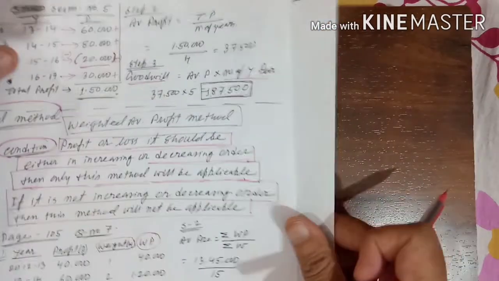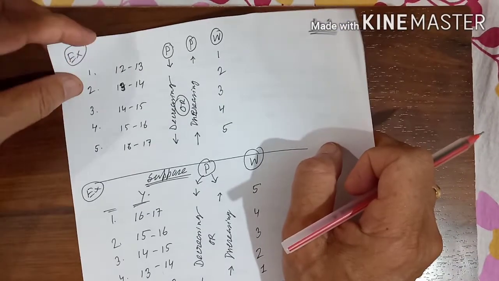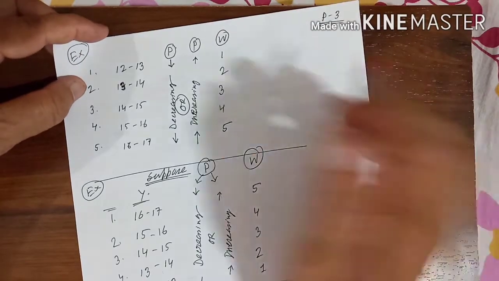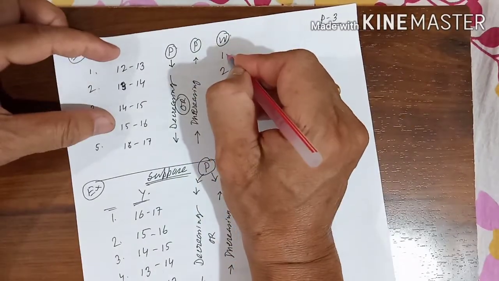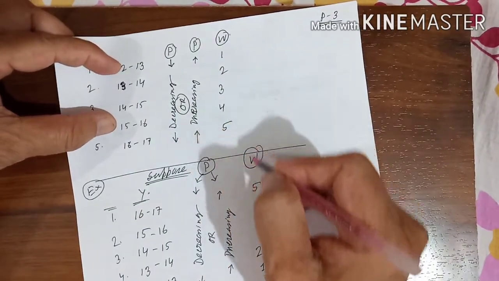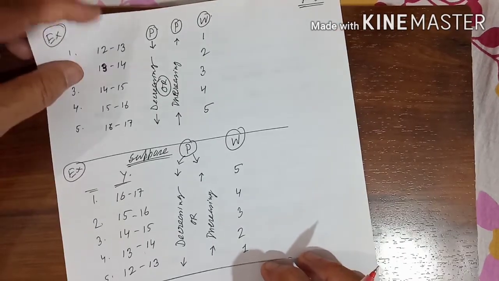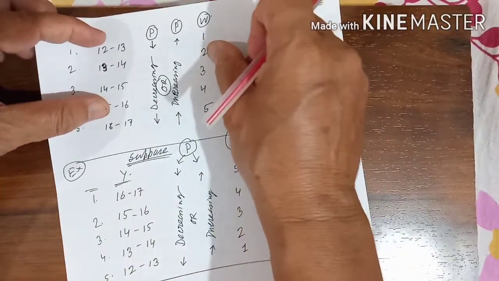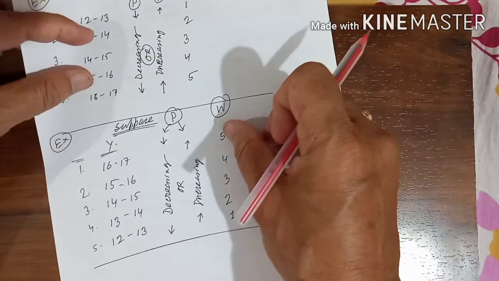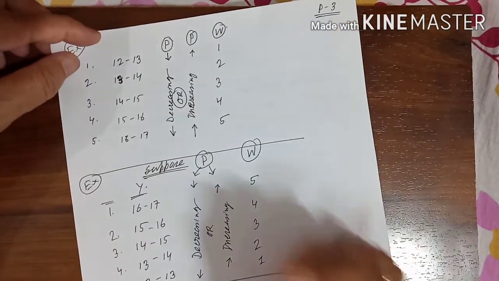Dear students, I want to clear up a confusion that may come. Sometimes for the weight W, whether you write 1, 2, 3, 4, 5 or 5, 4, 3, 2, 1, how will you know? I want to clear this one.